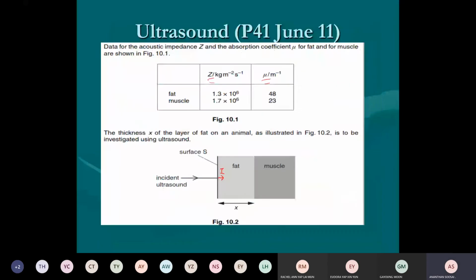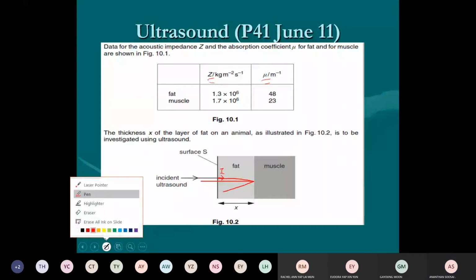So the conclusion is: this is I, it goes and reflects back.